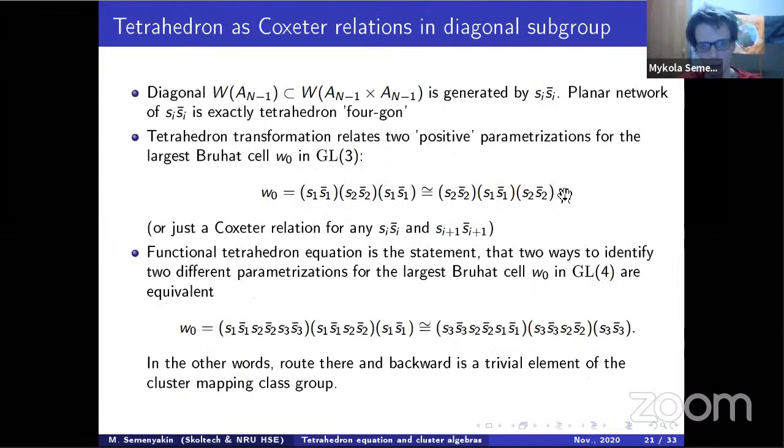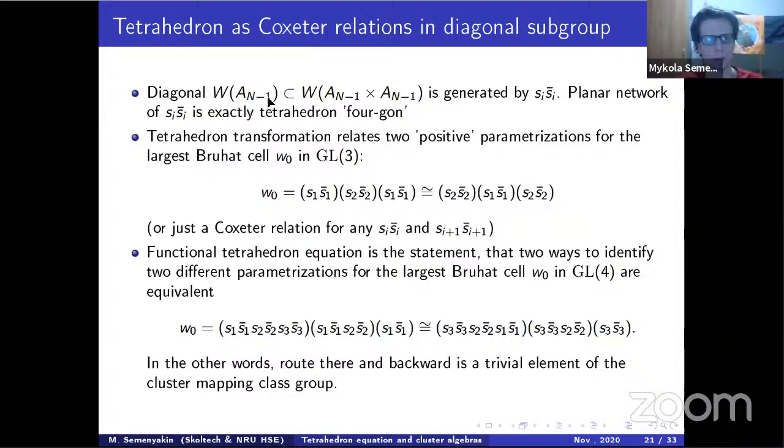So, and our claim regarding these networks and double Weyl groups is that first obvious thing that there is a diagonal subgroup in double Weyl group generated by such products Si bar, and obviously such generators are also satisfying all the relations of Weyl group of type A_{n-1}.